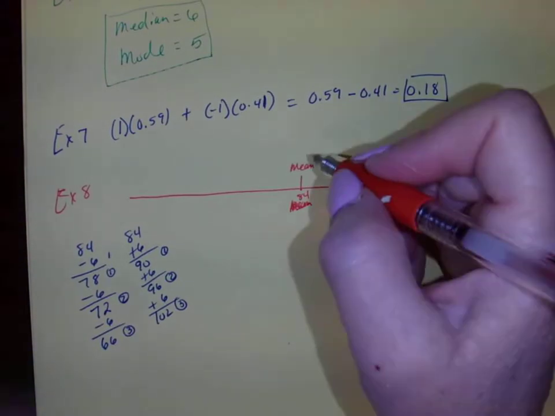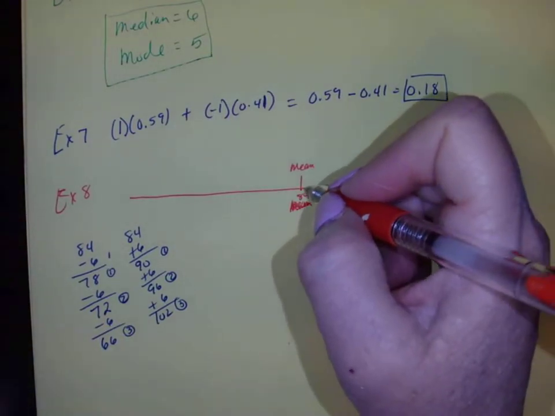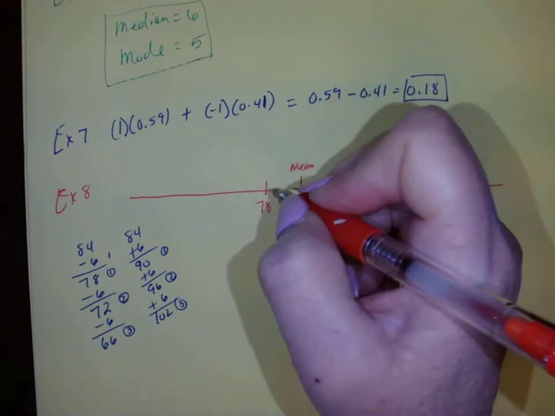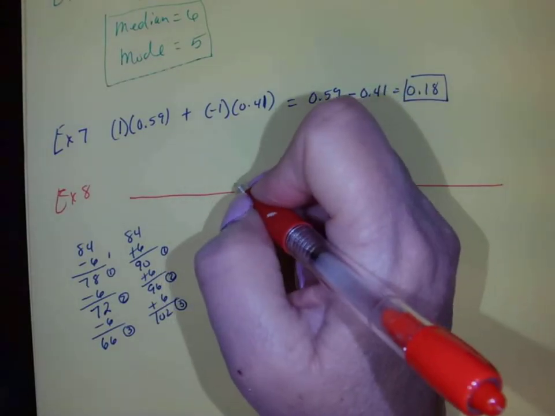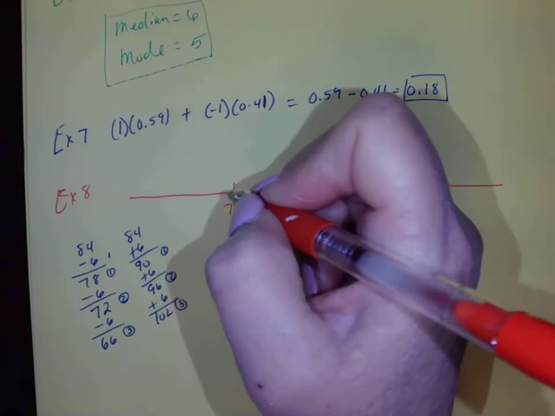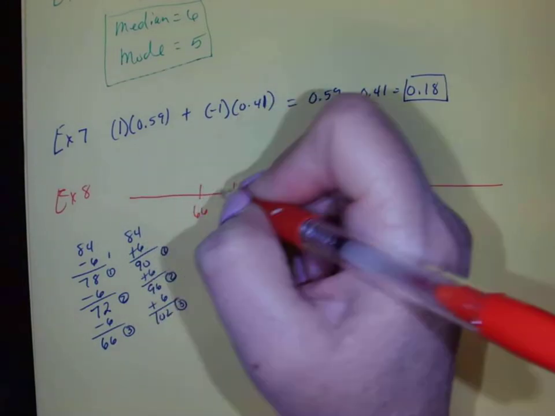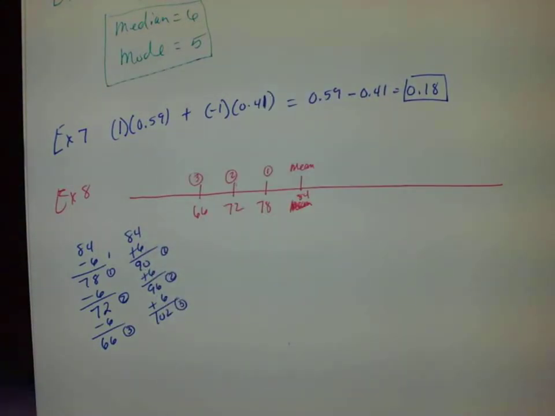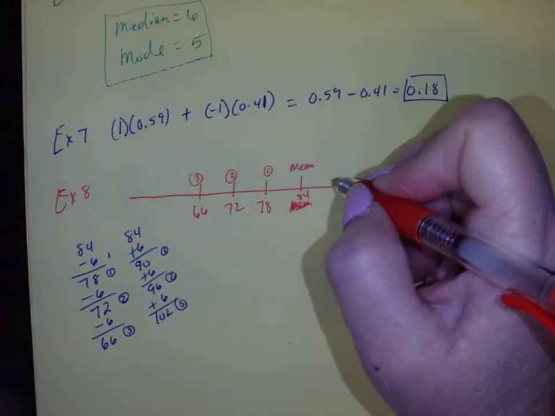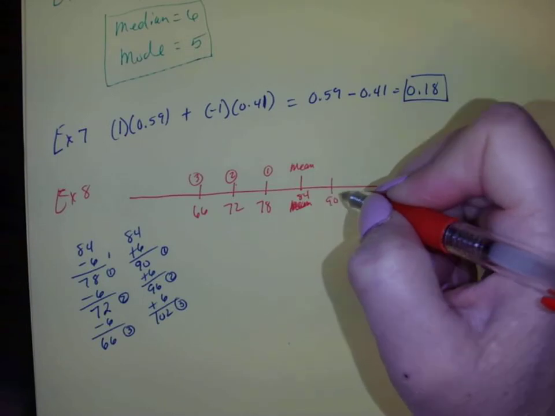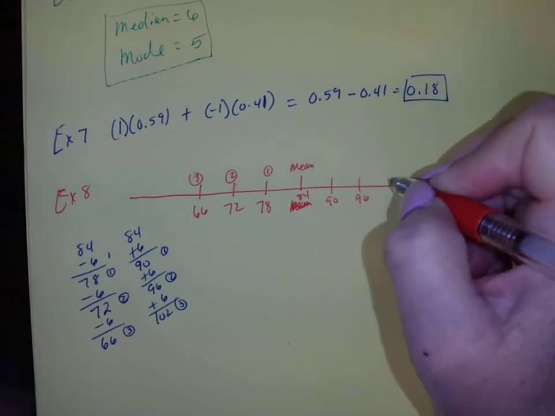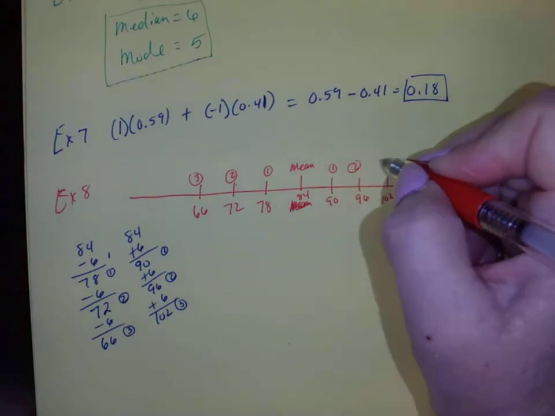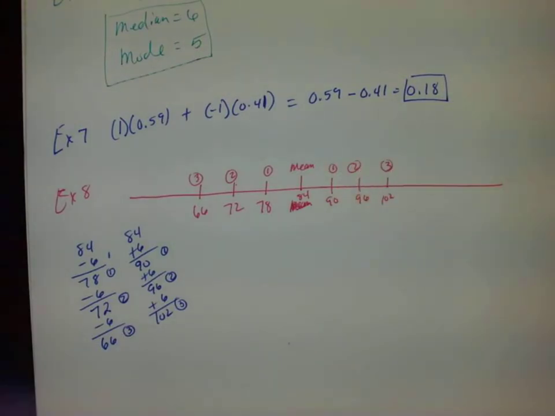Up here, I have my mean at 84, then 78, 72, and 66, and on the other side 90, 96, and 102.